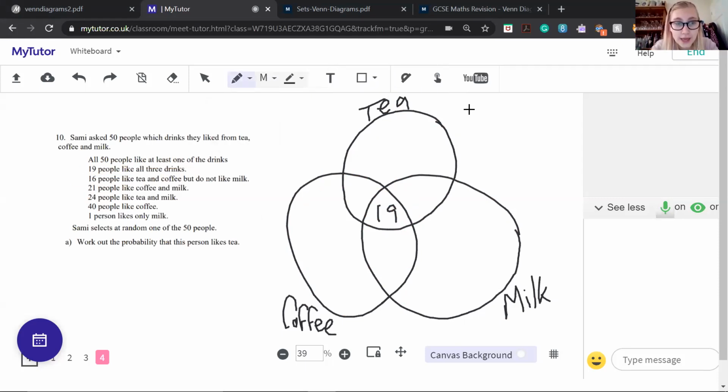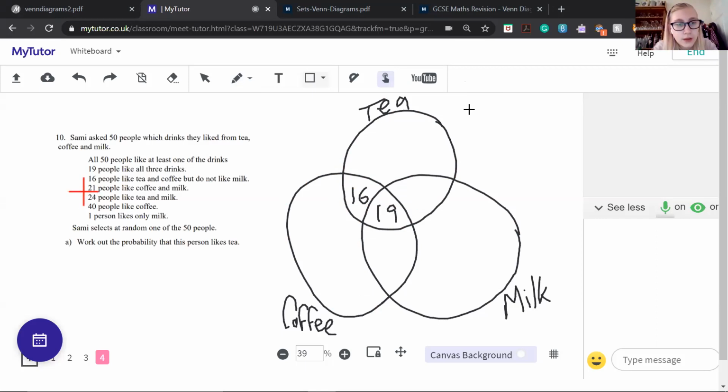So that's going to go here. And that's because this is in the tea circle and the coffee circle, but not the milk circle. That's what these 3 bits are on a 3-part Venn diagram. They're like 2, but not only 2 of the options, right?